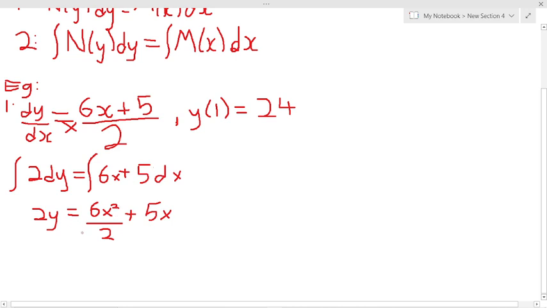Now, do not forget that whenever you do indefinite integration, it always has a constant, right? So we actually forgot to put a plus c here. So this is plus c, and this place is also plus c. But we can choose to group all the constants at one side. If c moves here, we get c minus c, which is 0, but that still makes it a constant.